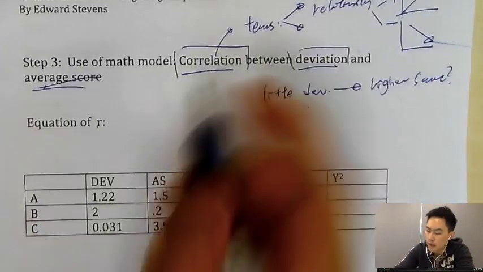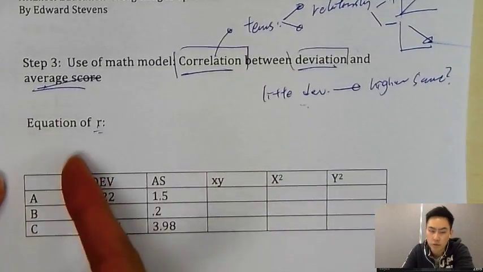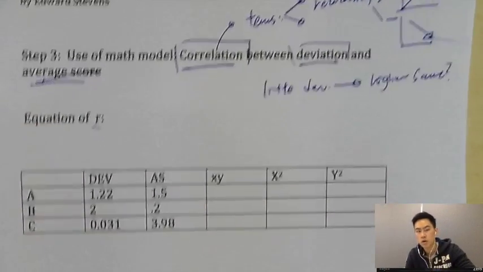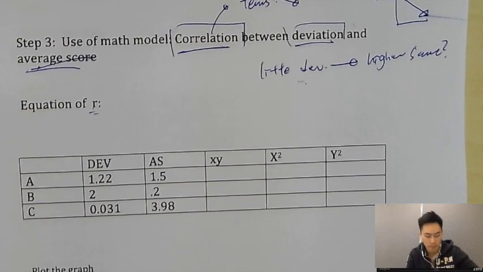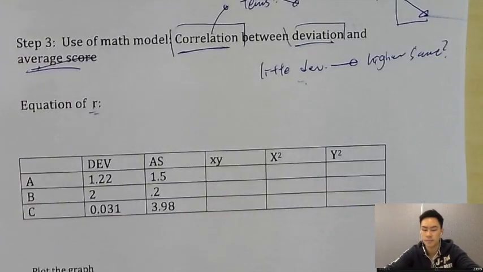And then we have to use the equation. So what is the equation for the correlation? The equation is a bit long.